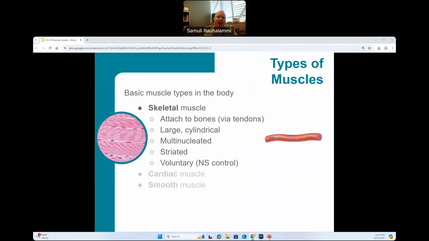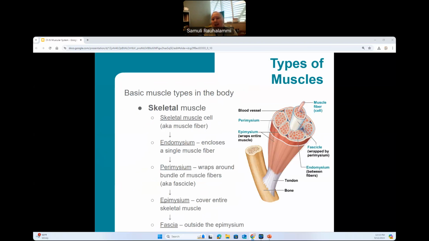So let's have a look next at how skeletal muscle cells come together to form the tissues that we might study. Looking at the connective tissue wrappings of the skeletal muscle here, skeletal muscle cells are surrounded and bundled by connective tissue.